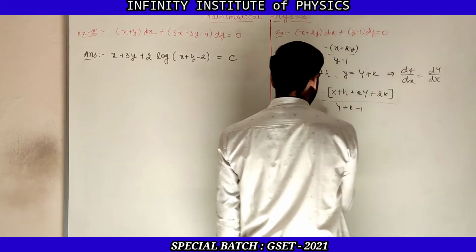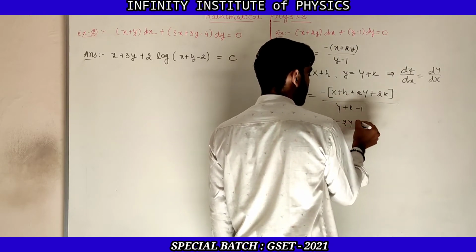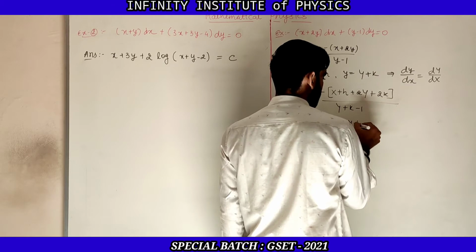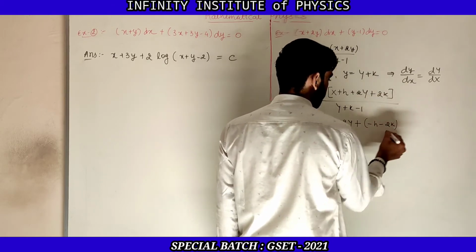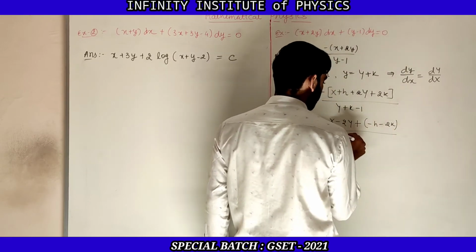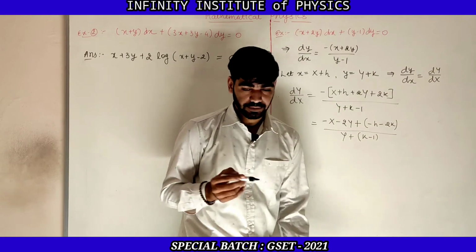Now let us give the minus sign inside, then it will be minus X minus 2Y minus h minus 2k upon Y plus the constant part, k minus 1.